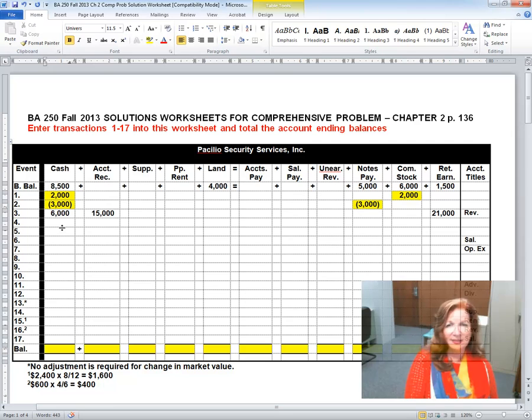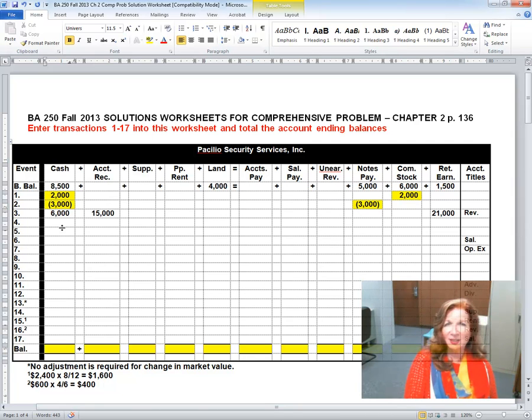So when supplies expense goes up, retained earnings go down, so you're going to use a bracket around retained earnings and then a bracket around the amount in supplies to make that supplies go down by the amount we've used or consumed.